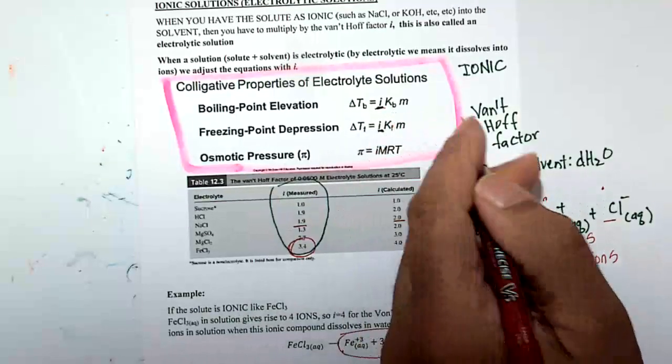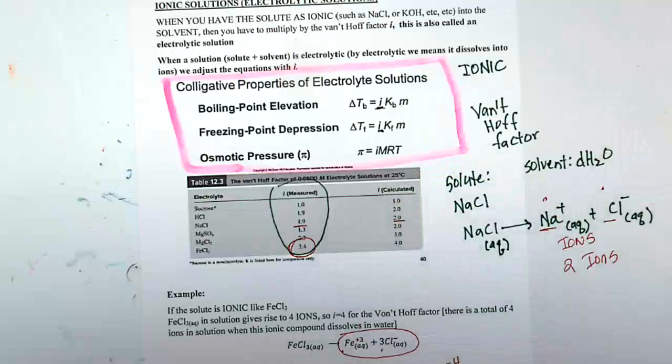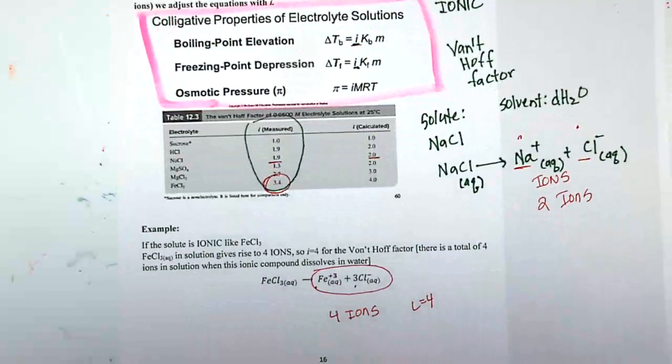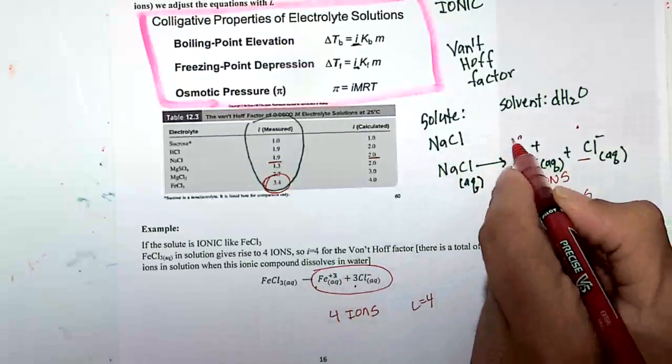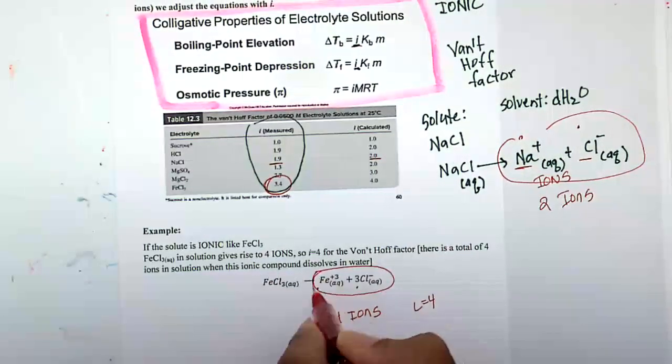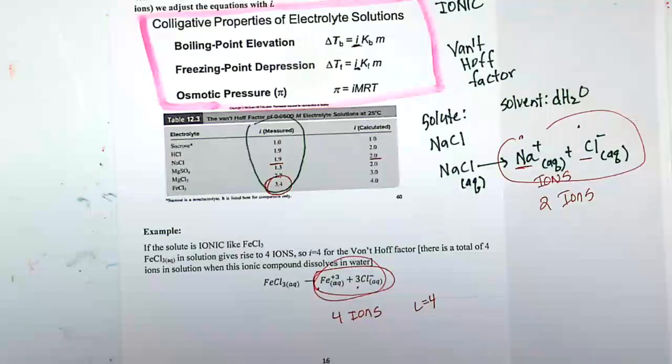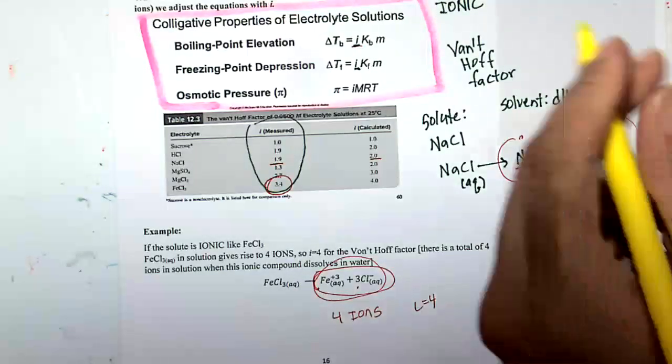And that's called I, which is the Van Hoff factor. Because the solute that's ionic gives rise to ions in the solvent, you multiply it by that factor to take into account ions. That's called an electrolytic solution.